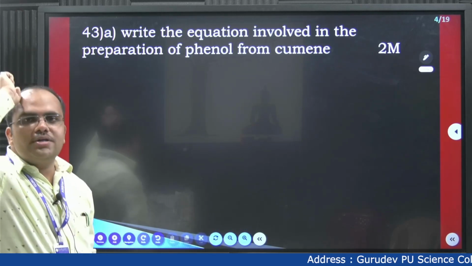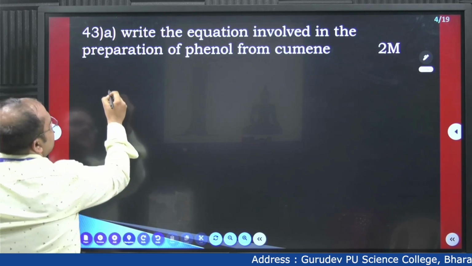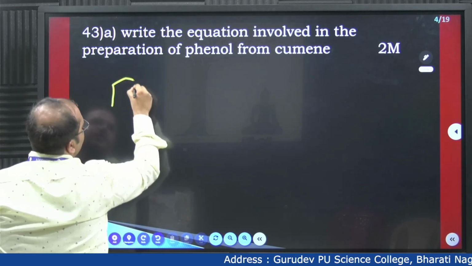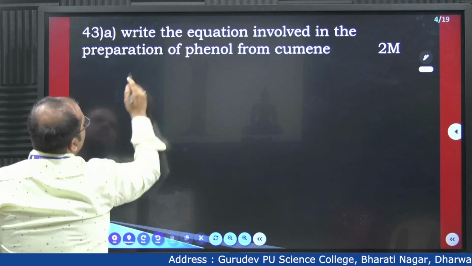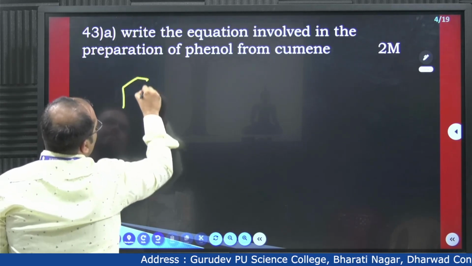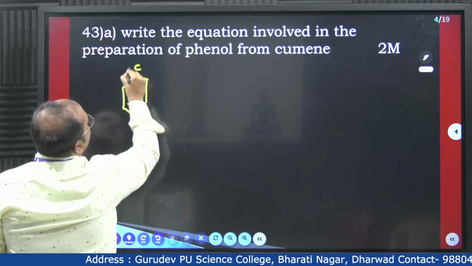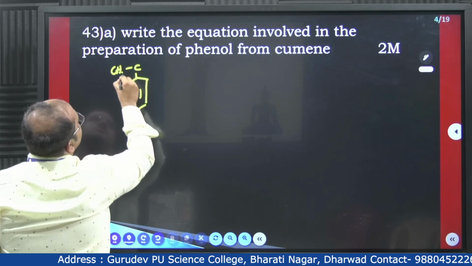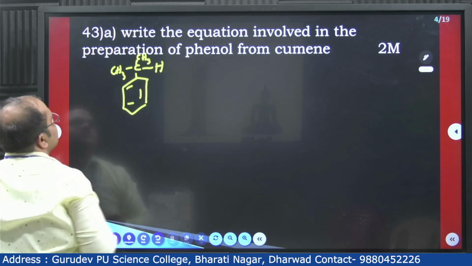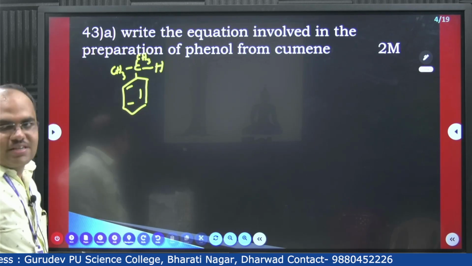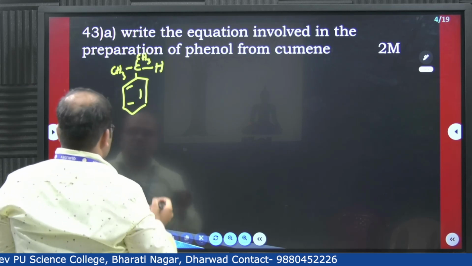If you remember the structure of cumene, then it is very easy to write the preparation. Here CH3, CH3, H. This is the structure of cumene, that is isopropyl benzene.